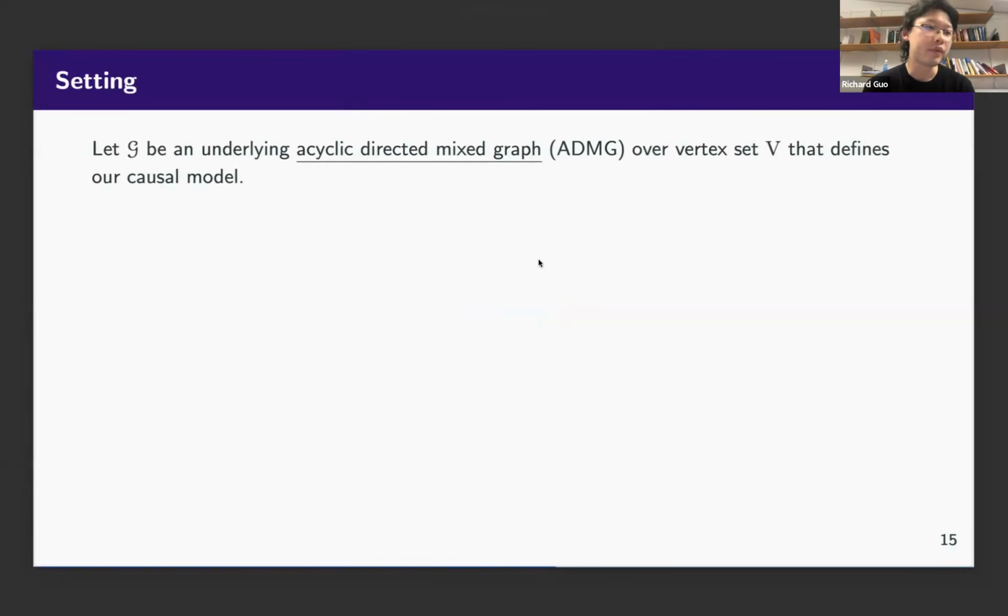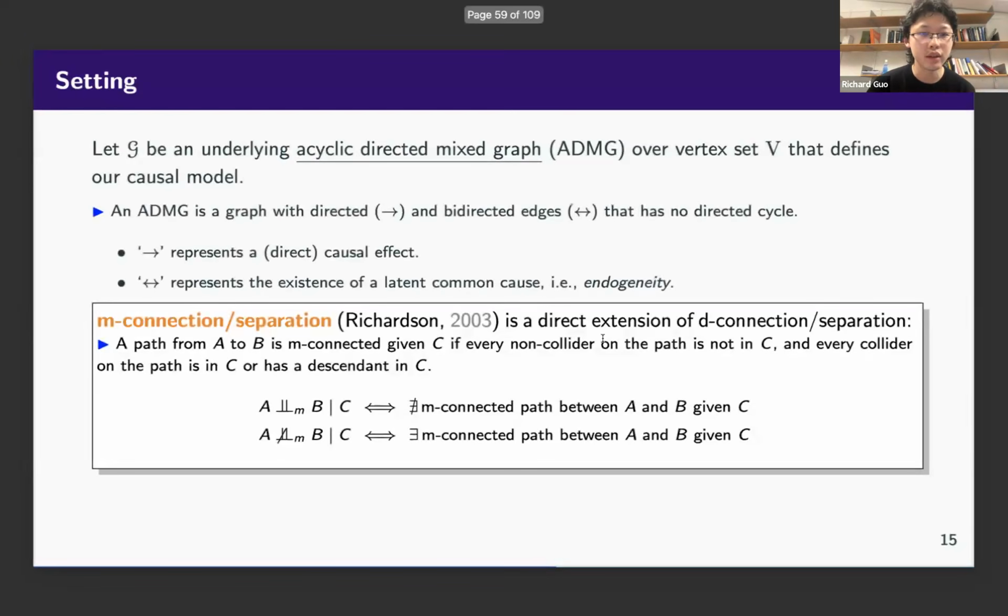Okay, so for the theory, I would assume there is this underlying acyclic directed mixed graph G over the vertex set V that defines our causal model. This ADMG is a direct extension of DAGs that allows for confounding, with bidirected edges in addition to directed edges. So an ADMG has directed edges that represent direct causal effects, and bidirected edges that represent the existence of a latent common cause, in other words, endogeneity.